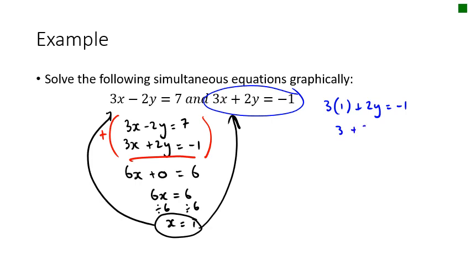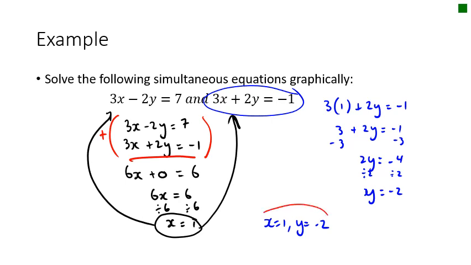So 3 plus 2y equals minus 1. I'm going to take the 3 from both sides. 2y is therefore going to equal minus 4. I'm going to divide by 2, and y is now going to equal minus 2. So my solution for these simultaneous equations would be x equals 1 and y equals minus 2.